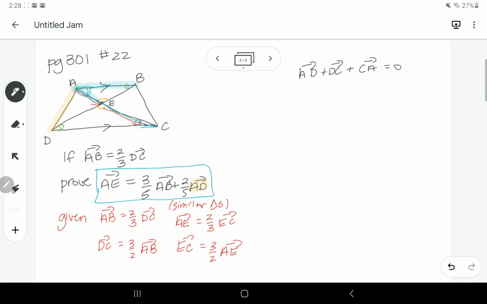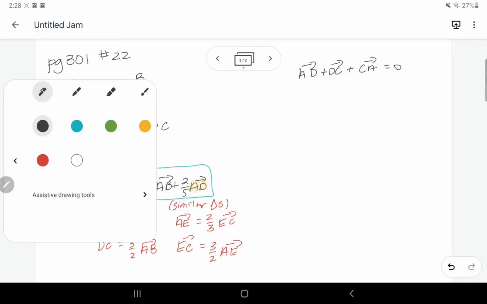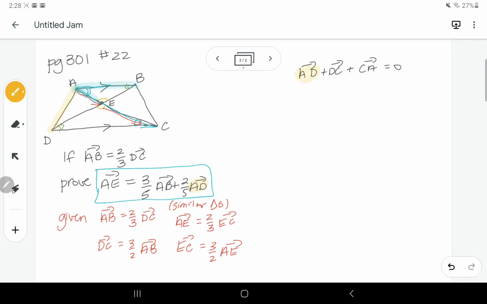I kind of like this because AD is involved in what I'm trying to prove. The CA is not quite, but it includes that part of that AE side. And the DC, again, is not quite, but it's a ratio of that AB.